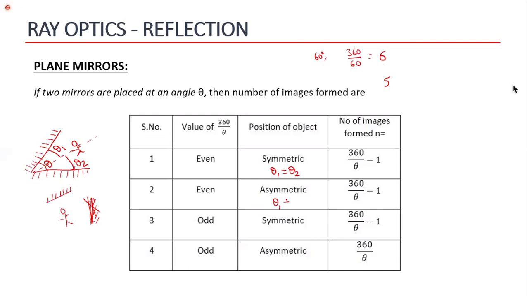If theta 1 is not equal to theta 2, then they are asymmetrically placed. Clear? If you want, you can draw this diagram, theta 1, theta 2.